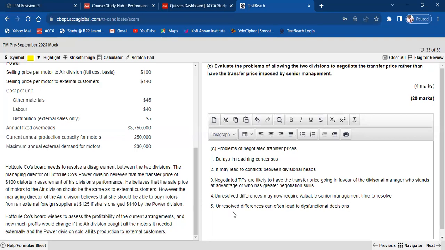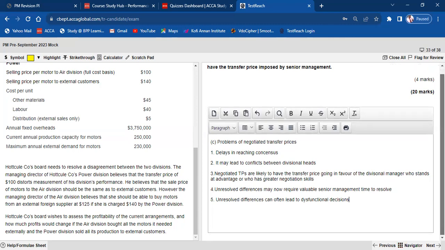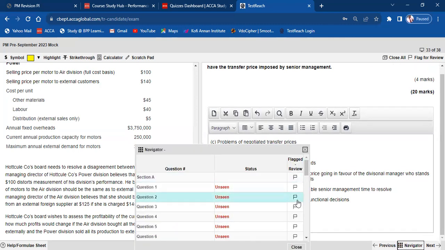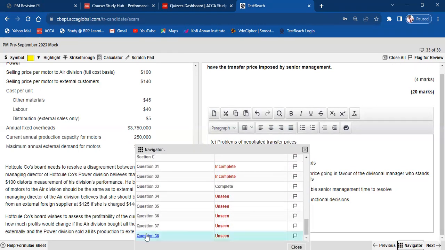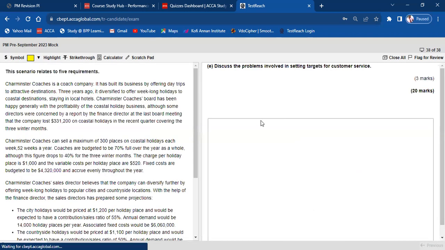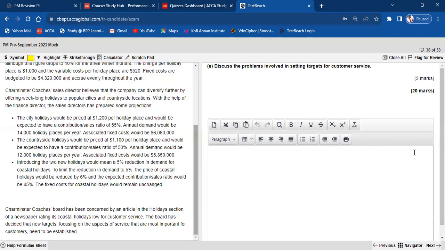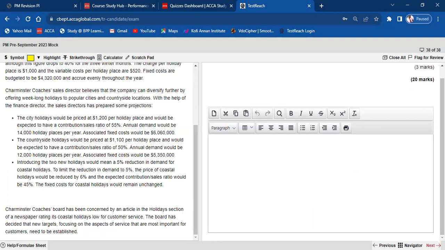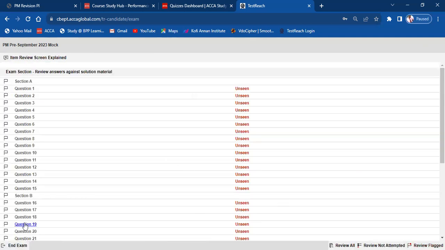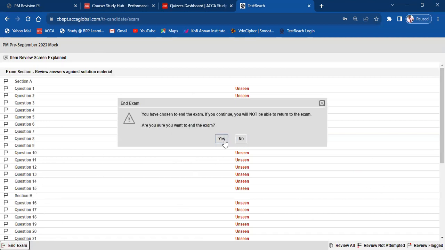Other than that, I want to check something quickly about the calculations we did. So I want to end this exam. Navigate to the very last question. Let the computer see you have read everything by scrolling down and up. Next, it takes me to the item review screen. End exam, yes.